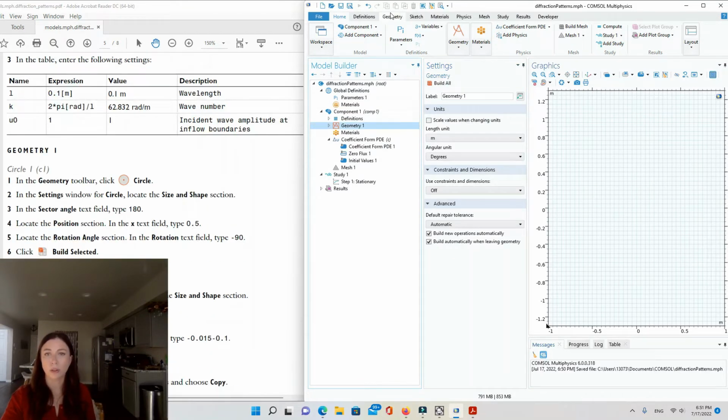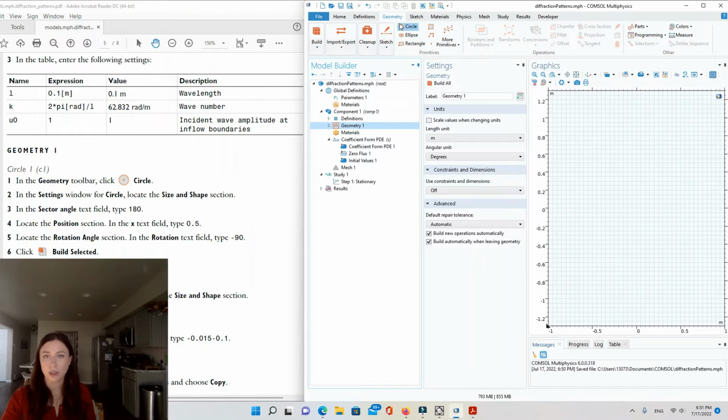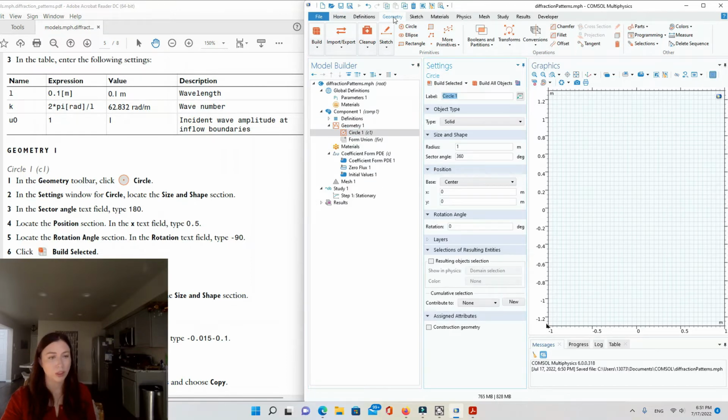First we're going to add a circle from the geometry toolbar here. Then under size and shape in the circle settings, we go to sector angle, text field, and type 180.